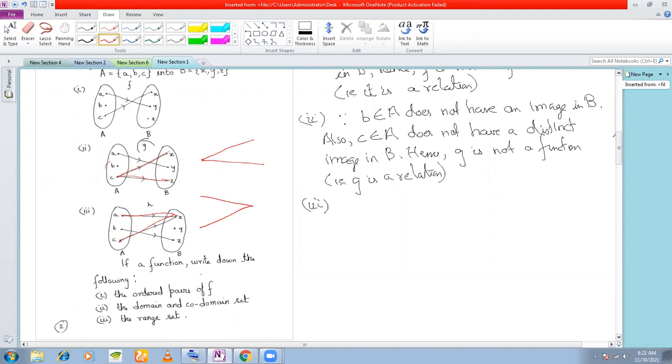This is a way you can remember. Since each element in A has a distinct image in B, hence H is a function.